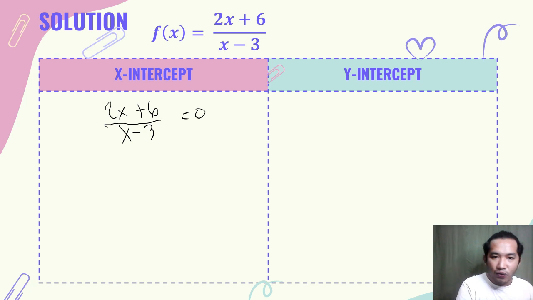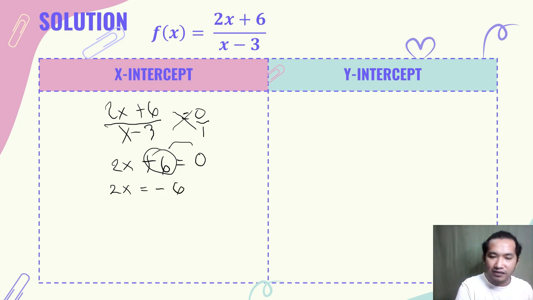We know that 0 has an imaginary denominator of 1, and when we have that form, we will cross multiply. 2x plus 6 multiplied by 1 is 2x plus 6, equal to x minus 3 multiplied by 0, which is 0. Transposing positive 6 to the other side of the equation, we get 2x equals negative 6.